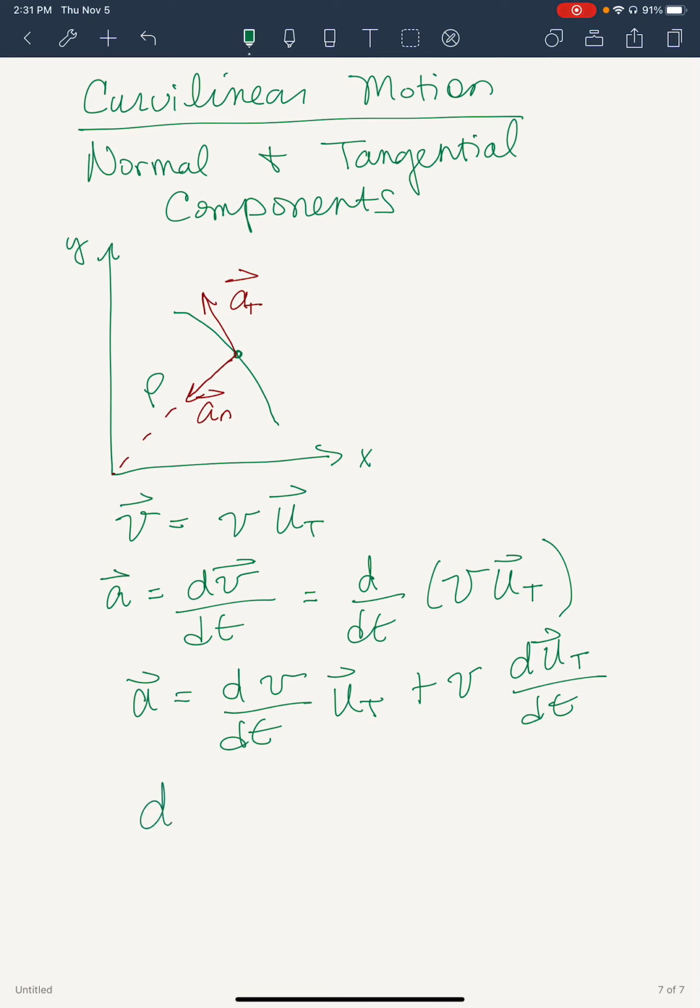So that du sub t dt equals u sub n times 1 over rho times v. So that equals v over rho times u sub n.